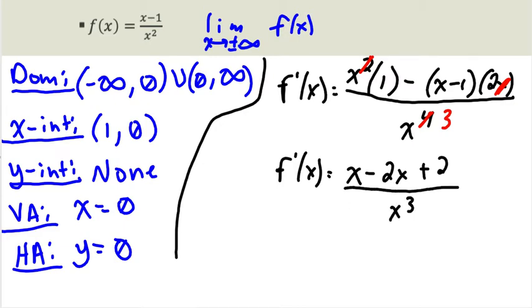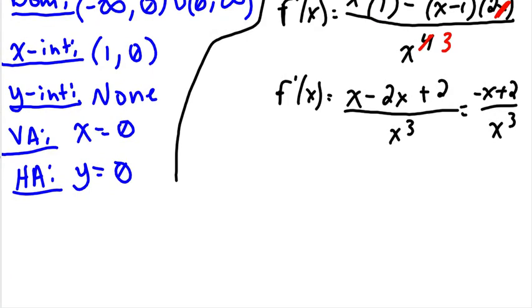Just cleaning up the numerator a little bit more, negative x plus 2 all over x to the 3rd. All right, now we can find our critical points. We know that we have a critical value, right? Our critical value for this function would be at x equals 2.